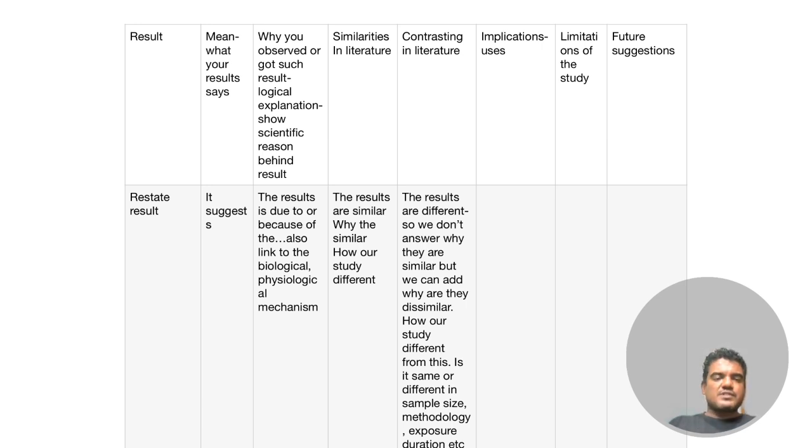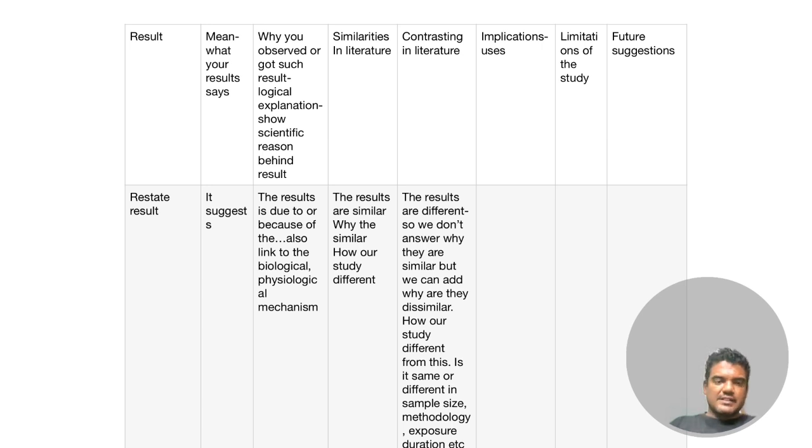So such future suggestions also we can write here. So these are the elements that must be present in a discussion section. So this is a template that can be used for writing the discussion section of the research paper.